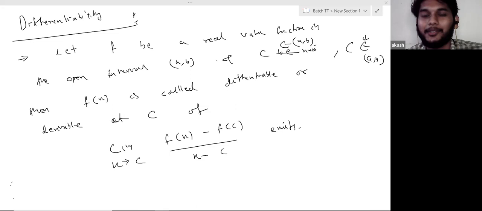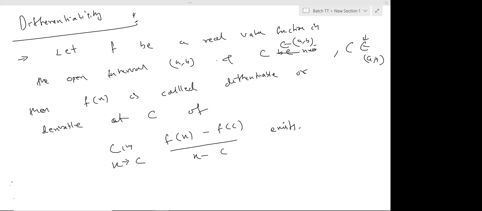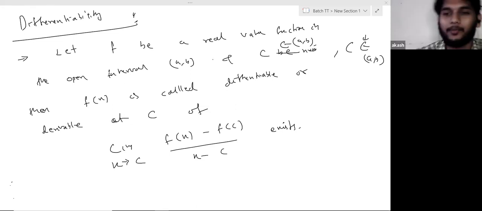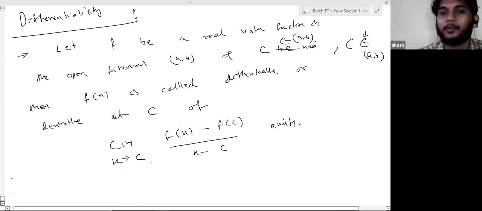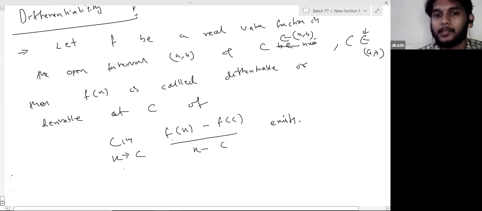All right, so done, everyone? Yeah, done, sir. Okay. So very simple. Again, we have to use limits and solve limit questions. So what this limit says, x tending to c. If you use direct substitution, then what happens? f of c minus f of c, which is 0, upon c minus c, which is 0.